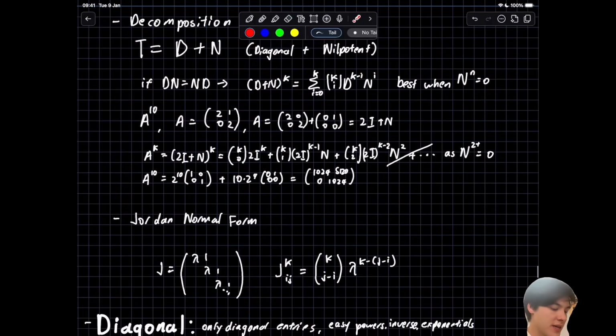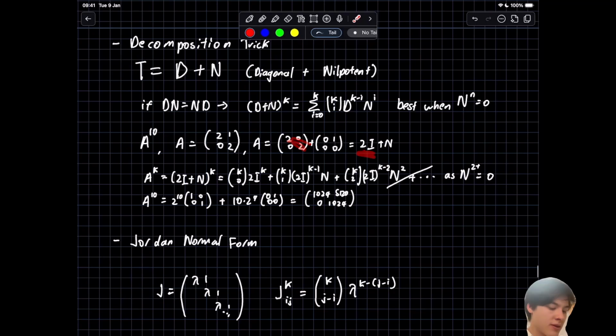For example, in here 2, 2, it's like 2 times the identity. It works for any matrices. So yeah, we can write it like this.